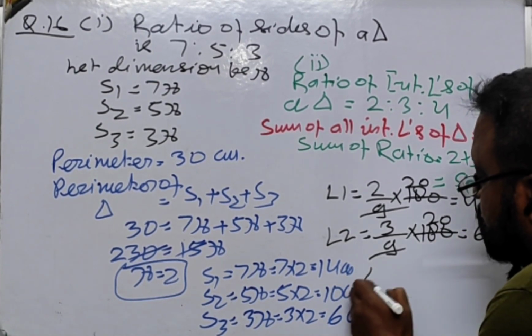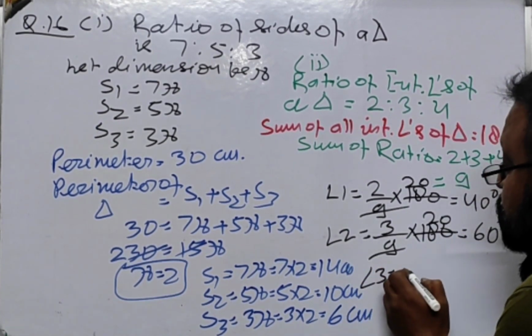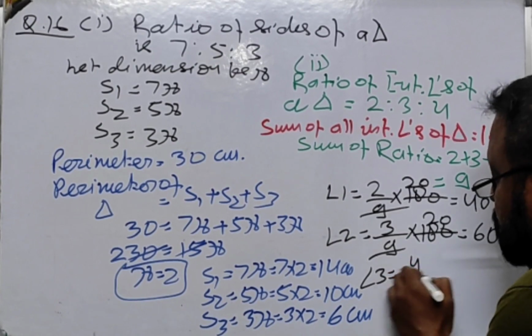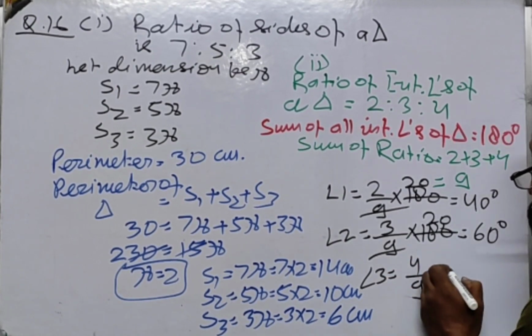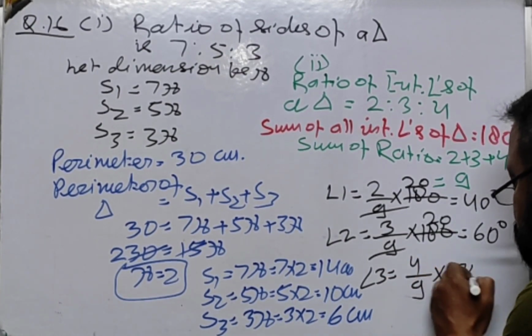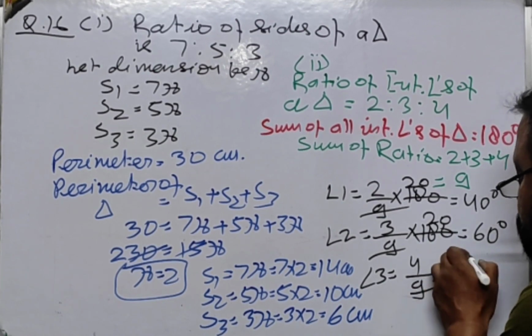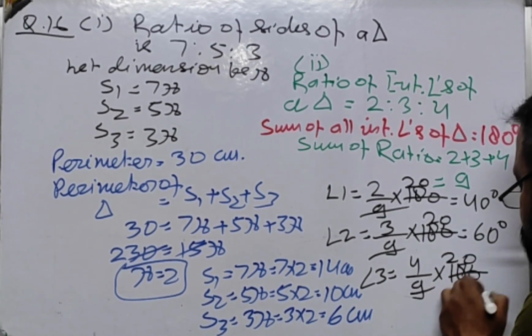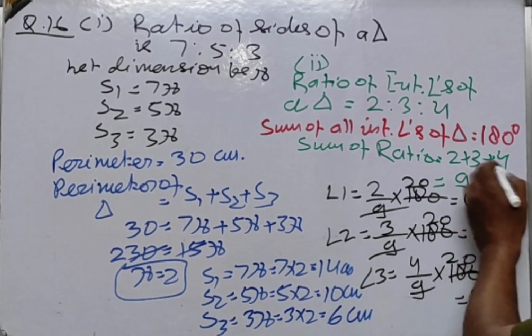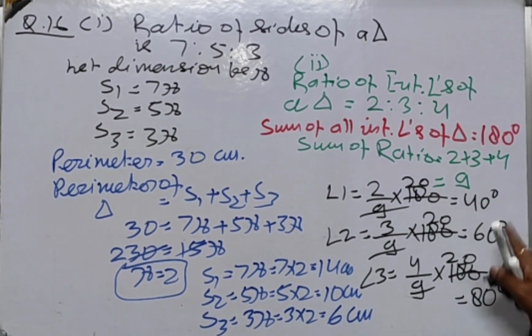And angle 3 is equal to 4 by 9 into 180, it becomes 80 degrees. So the three interior angles of a triangle will be 40 degrees, 60 degrees, and 80 degrees. Just check the answer, please.